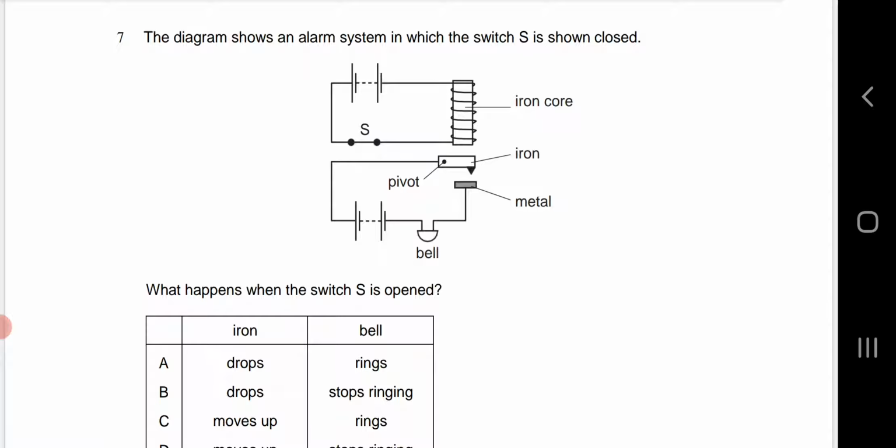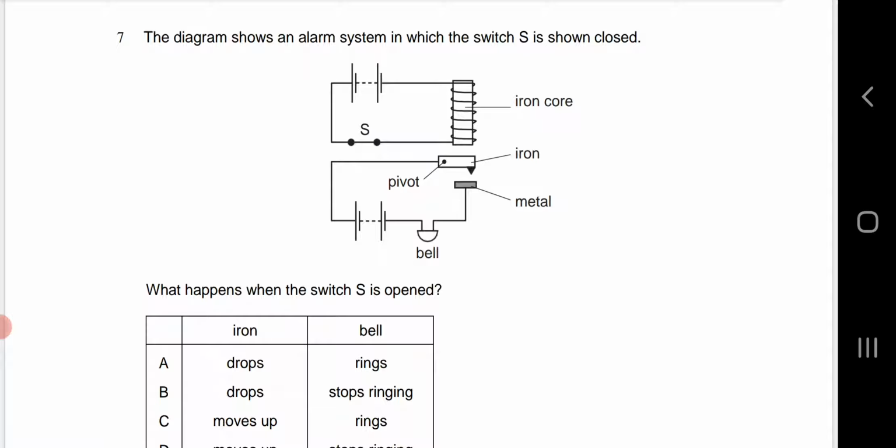So again, if switch S is closed, then the current is flowing in the upper circuit. Iron core is magnetized. Iron in the lower circuit is being attracted towards this iron core, and the lower circuit is in off condition.